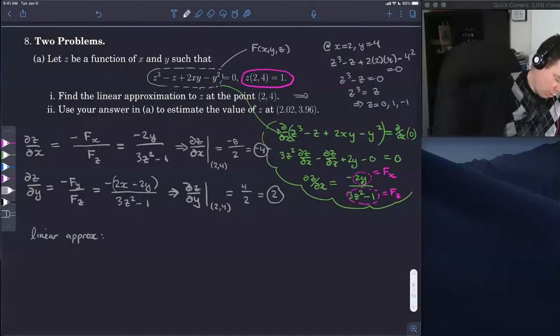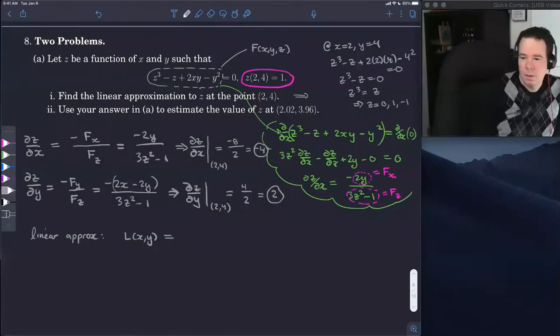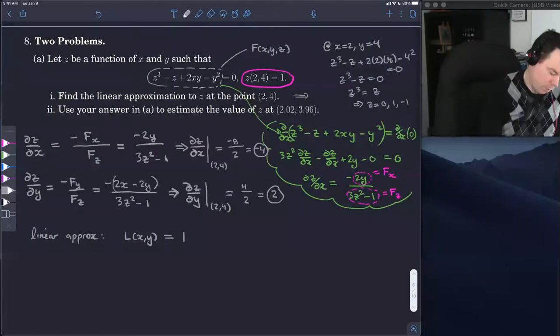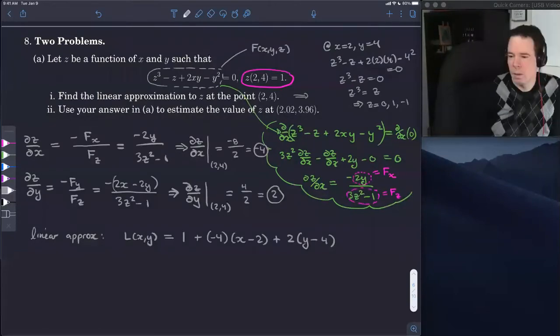Our linear approximation, we called it L of x, y, is obtained by taking the z value of the point we're approximating at, plus the derivative with respect to x times x minus the x value of the point we're at, plus the derivative with respect to y times y minus the y value of the point we're looking at.